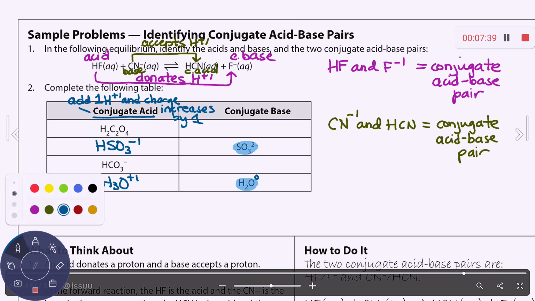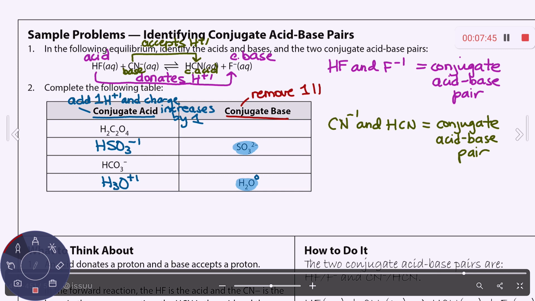Okay? Let's go in the opposite direction. Conjugate base. You want to remove 1 hydrogen, and the charge decreases by 1. So we're going to do these 2 examples.